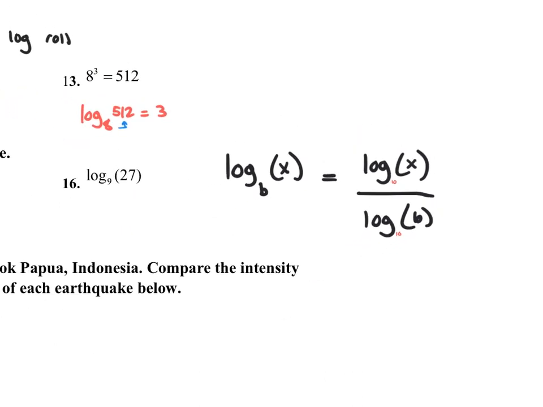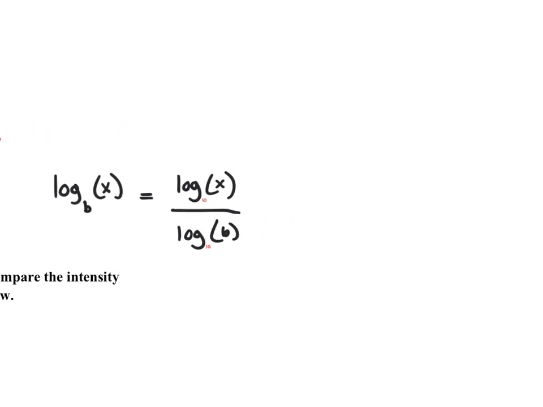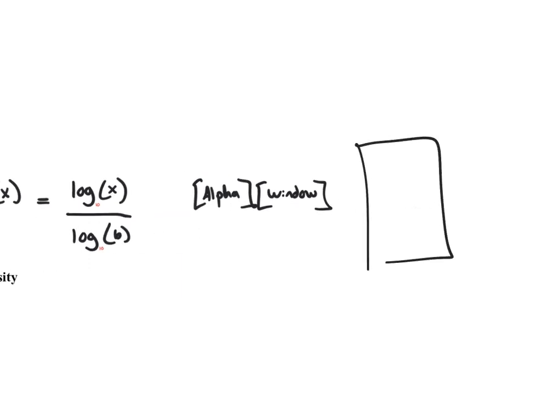Now, we also covered in the previous video that you can use the shortcut on your calculator, which is the alpha button, and then the window button. If we have our calculator, we have alpha right about here.